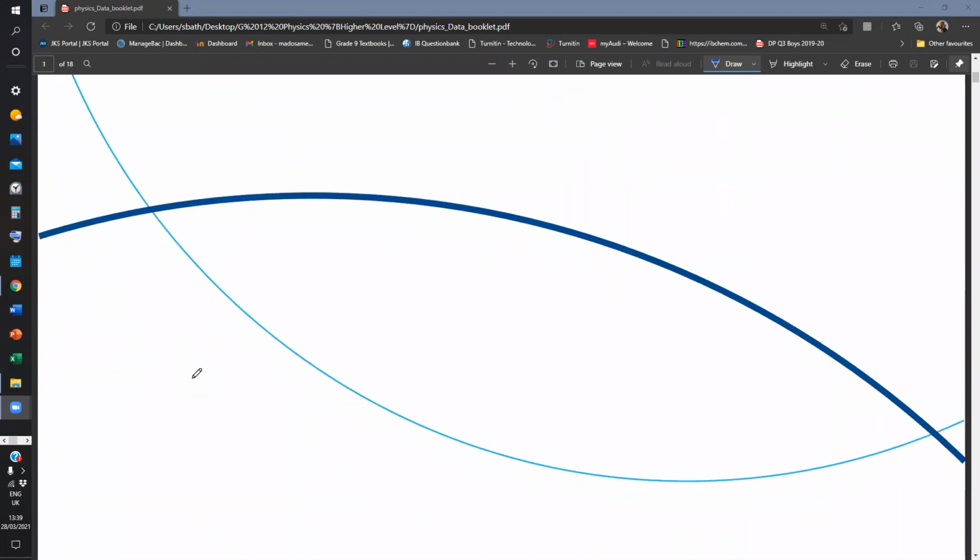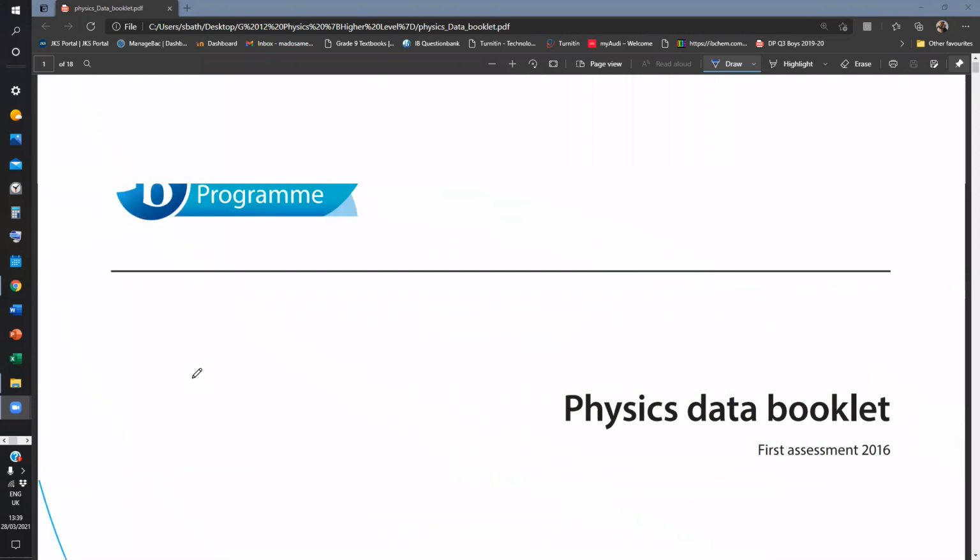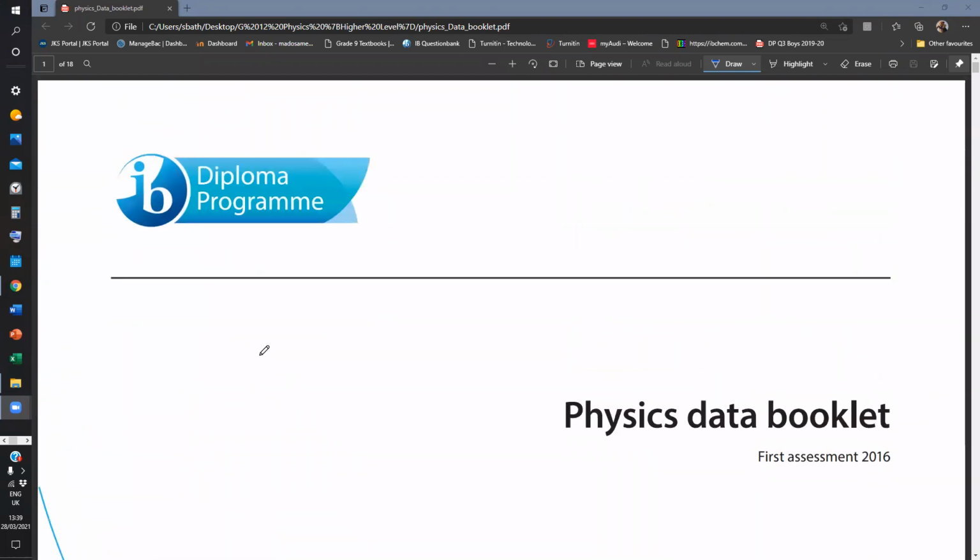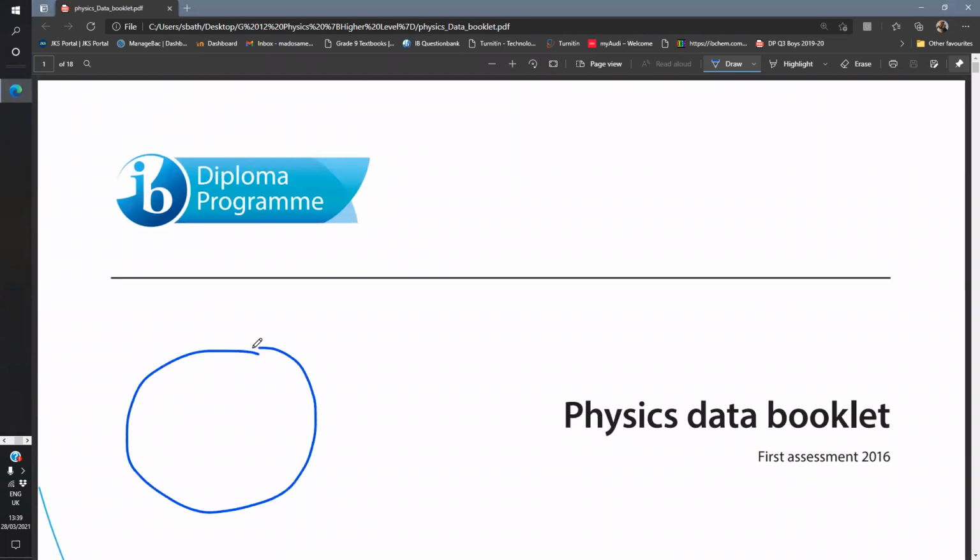So what we're going to start off with is a basic outline of how I'm going to study for my upcoming mock exams. As you know, my mock exams are going to be coming up. First of all, I decided to split the course into three components.